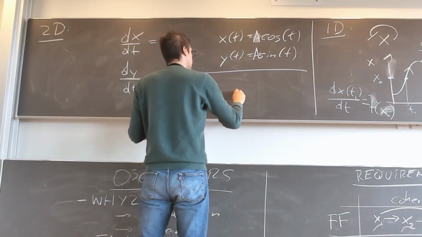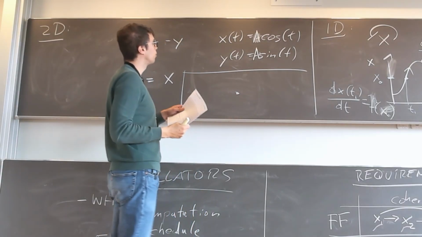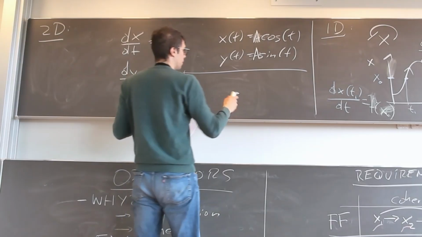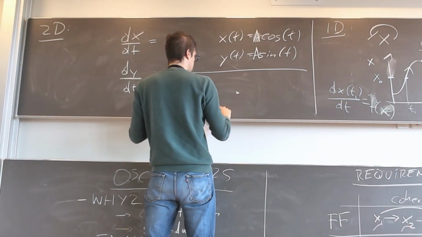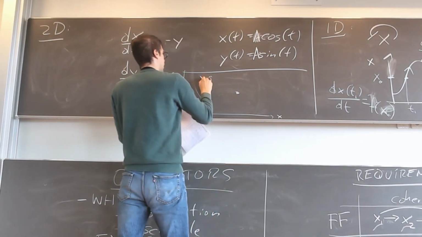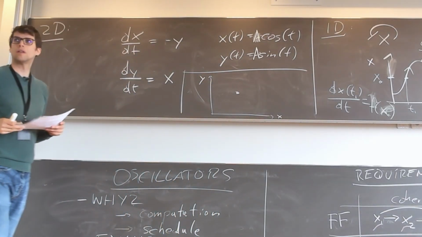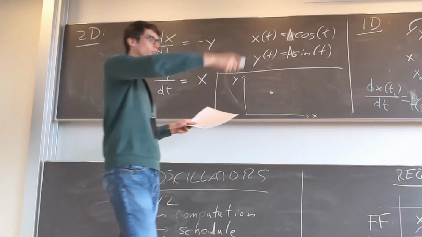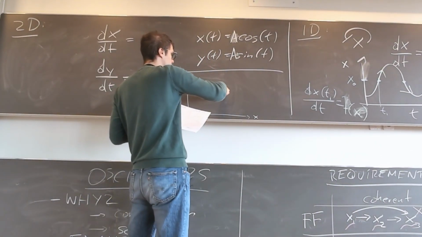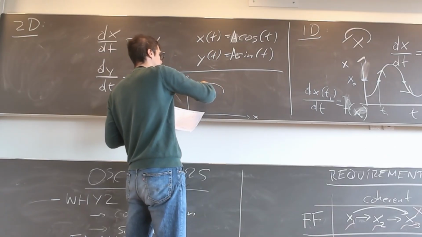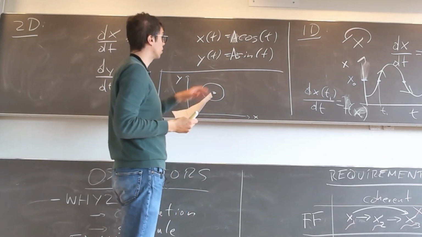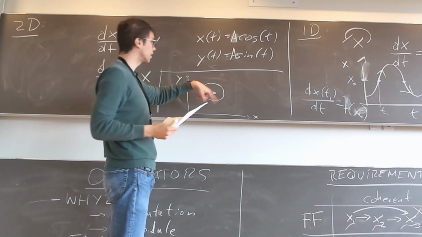Let's paint a picture here. I won't put the picture of cosines and sines, you know how they look. But let's look at this in xy space. Whenever I draw something, I draw with respect to time. So first point here is time 0. And then I let t evolve. And what happens here, of course, with sine and cosine is it goes in a perfect circle.